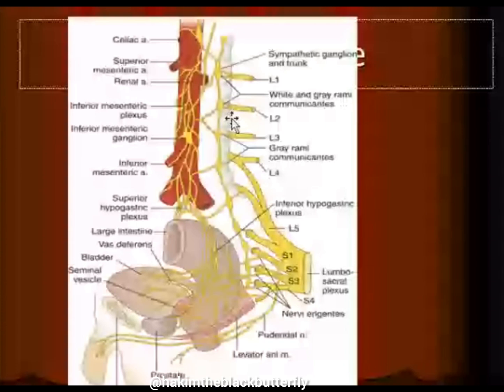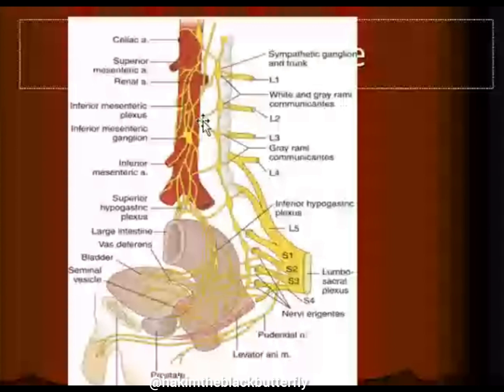Let us see. This is the sympathetic trunk. This is the lumbar region. You can see the lumbar spinal nerves. So these branches of the sympathetic trunk are what we call lumbar splanchnics.